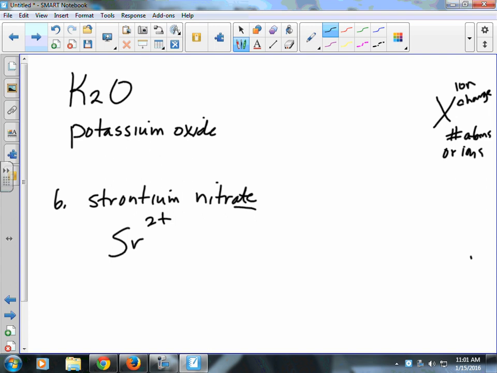So subscript tells the number, how many, and the superscript tells what the ionic charge is. So when we find nitrate on 226, what's the symbol? NO3. NO3, and what's the charge?